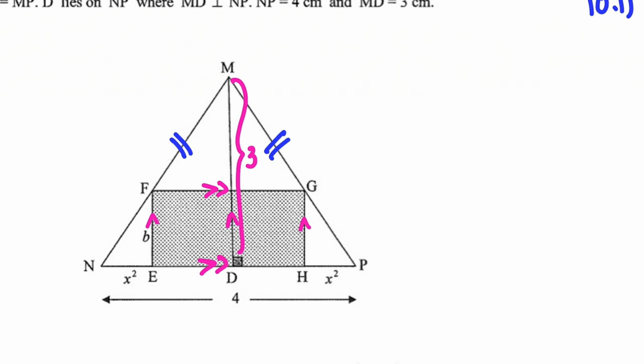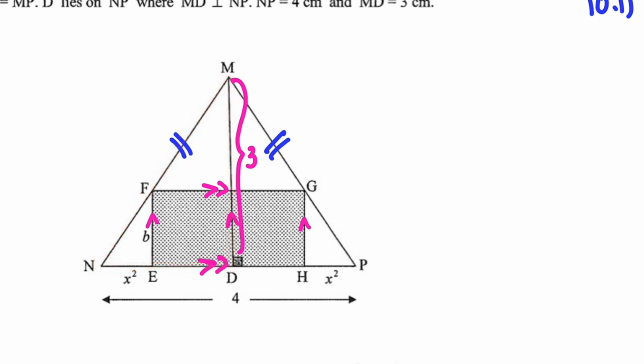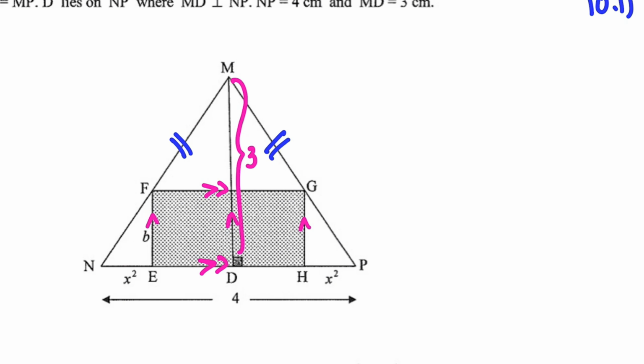So what I can see is that this forms two different triangles. We have a smaller triangle, NFE, and we have a bigger triangle, NMD. And I need to go beyond paper 1 here to solve this because I would need to prove similarity. But because this is paper 1, you don't have to worry about proving similarity. Let's just write it down simply.